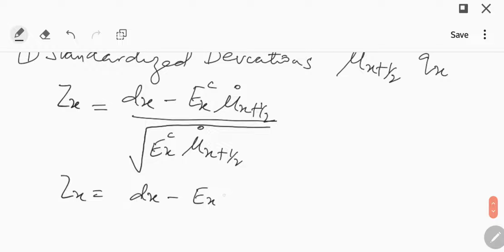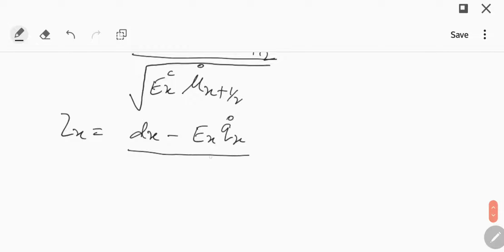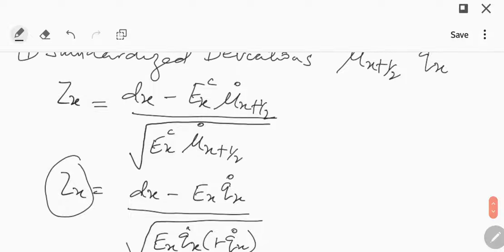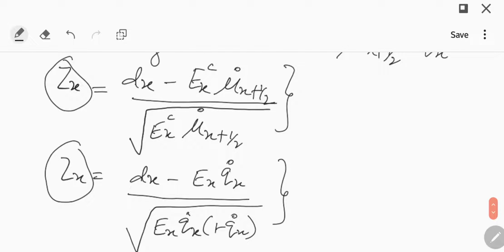So the mean is the exposure to risk multiplied by graduated q_x, and the variance is the exposure to risk multiplied by q_x multiplied by 1 minus q_x. So this is the variance, and I take the square root to give me the standard deviation. I will compare these with respect to the normal distribution to compute the z.